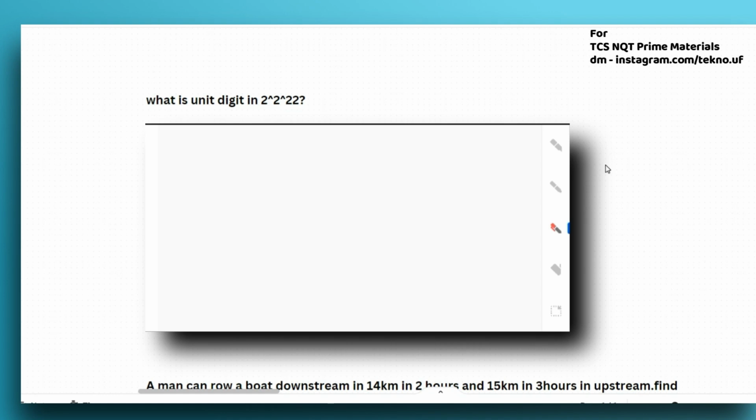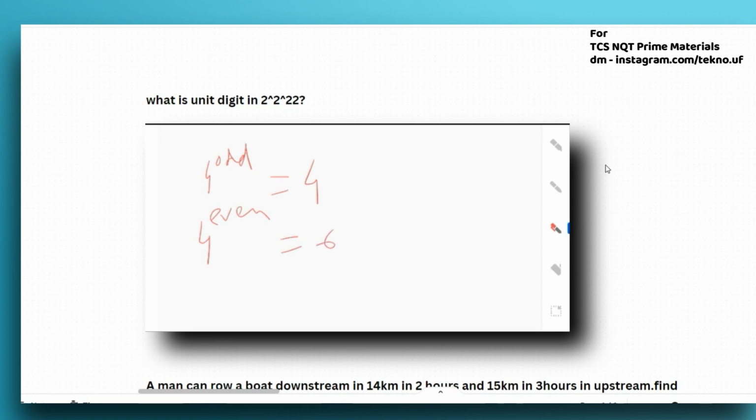So, if this has been asked, then always remember 4 to the power odd digit is equal to 4, right? The unit digit will be 4. And if the number can be represented as 4 to the power even, then the unit digit will be 6, right?